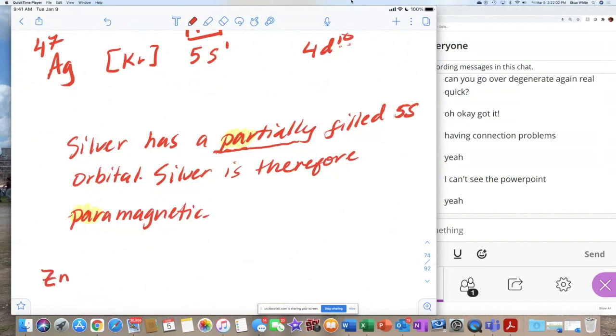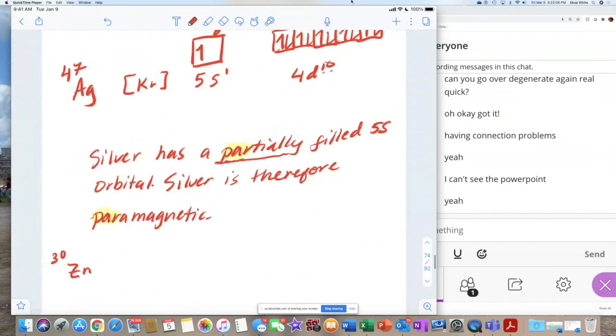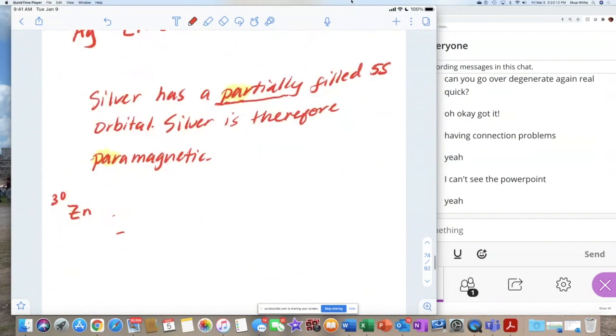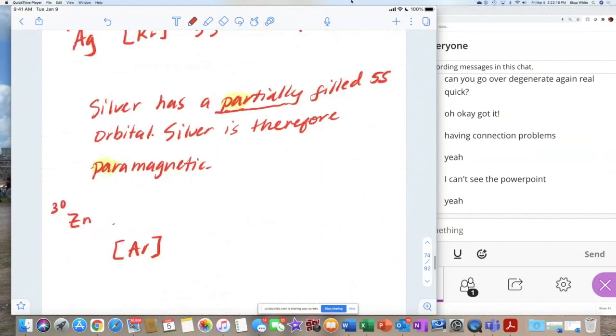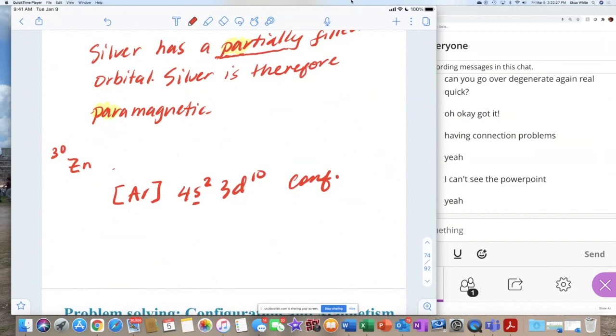Zinc has 30 electrons, and the shorthand configuration is Ar 4s2 3d10. This is full. There's no room for any more, right?